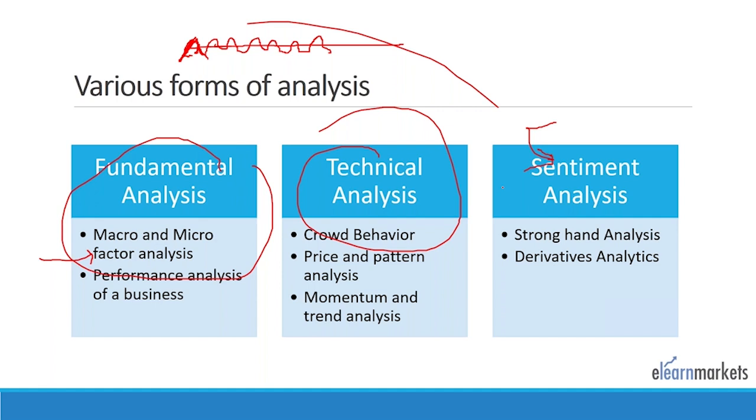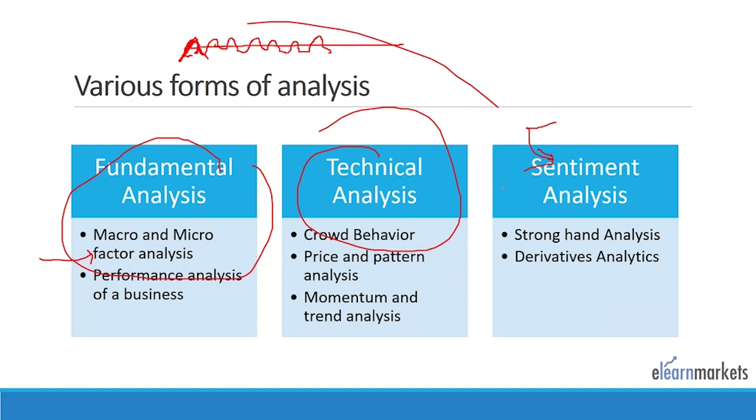Now, if you as a retail participant want to make money off the market, you cannot make money if you are against those operators or the managers of that stock. So one of the ways to find out that you are on the right path is to see what the bigger guys are doing in the market.